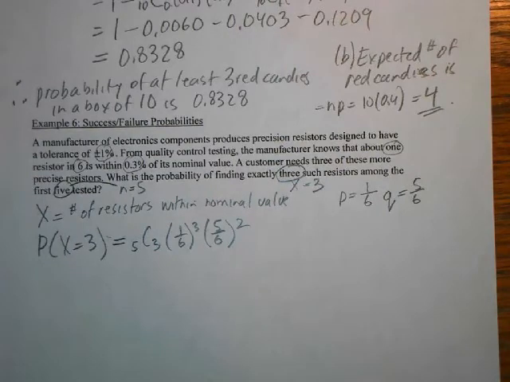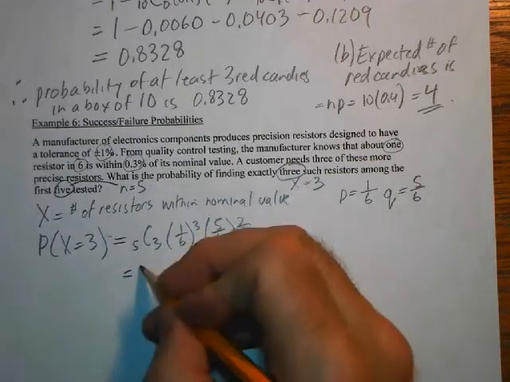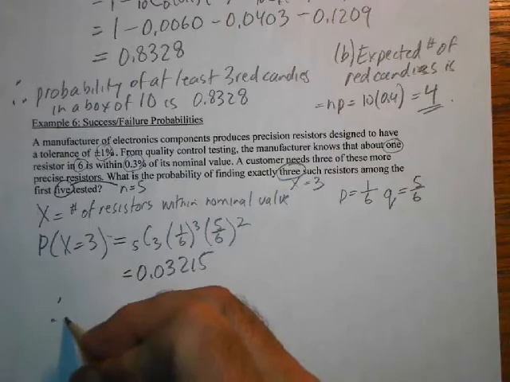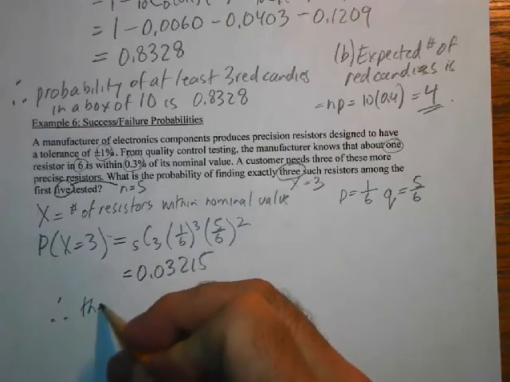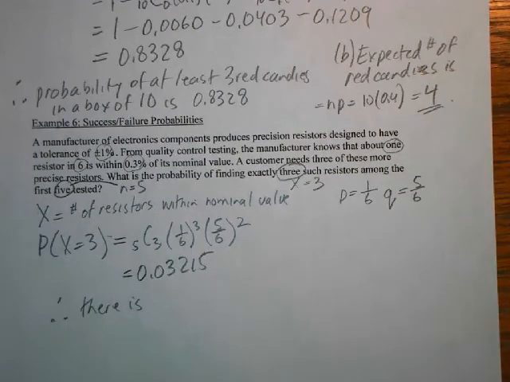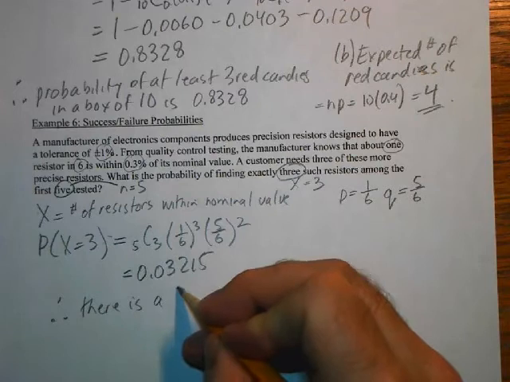Okay, so I'm just going to jump to the answer here, 0.03215. Now, I like to switch back and forth between percent and decimal probabilities, just to make it a little more interesting.